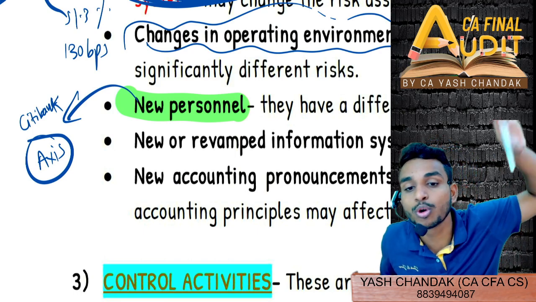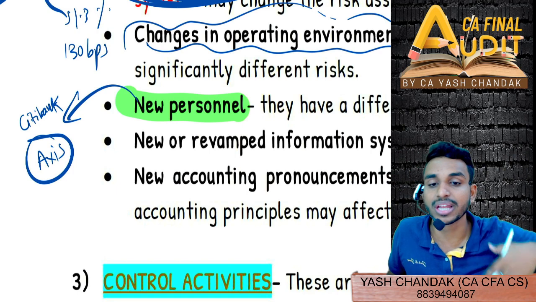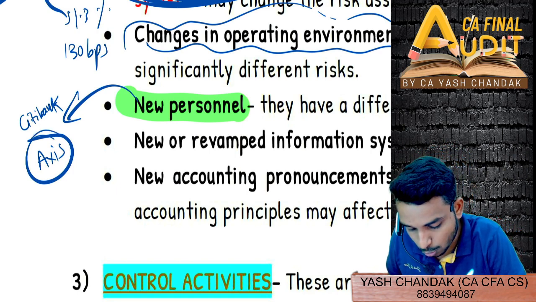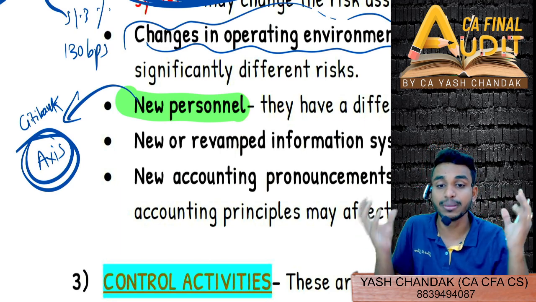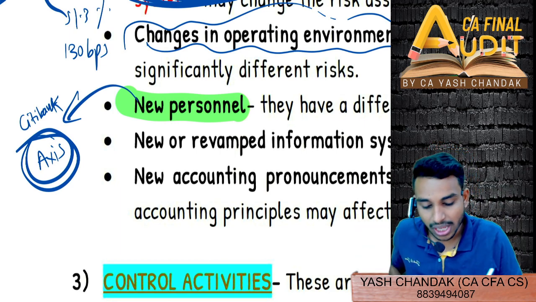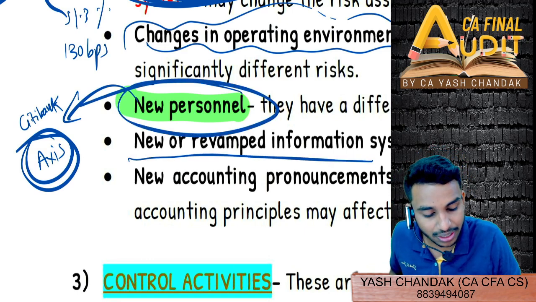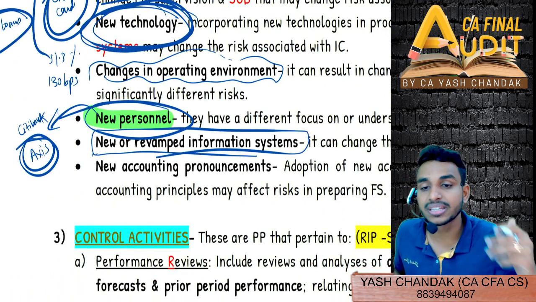Their presence is mostly in wholesale. Wholesale means what? Corporate accounts they will have, but not retail accounts like us. Recently, 2 months back, they sold this to Axis Bank. So Axis Bank has taken over the Citibank operations and every building and infrastructure, everything A to Z. Because of that, new personnel would be employed, right? New or revamped information system. Now the Axis Bank information system will be implemented there.